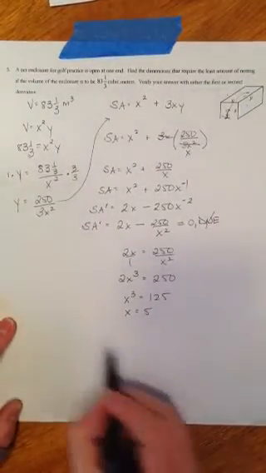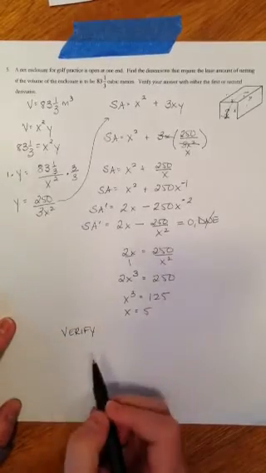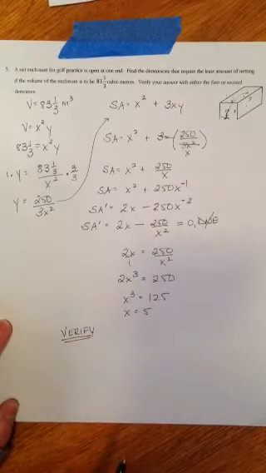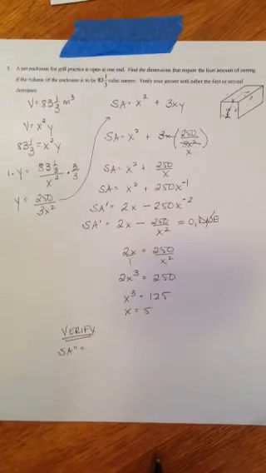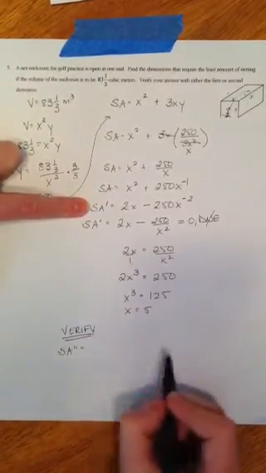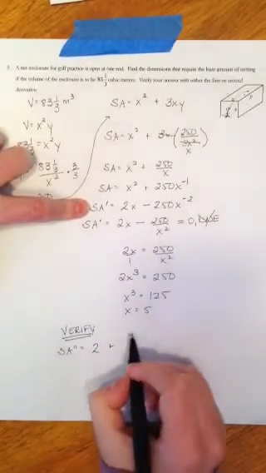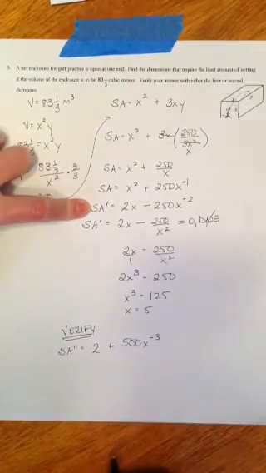Got to verify. You should know the drill by now. I want to make sure that that is actually a minimum. I want the least amount of netting. To check a minimum, I need the second derivative. Go back to my first derivative with exponents so you can do your power rule. 2 plus 500 x to the negative 3.